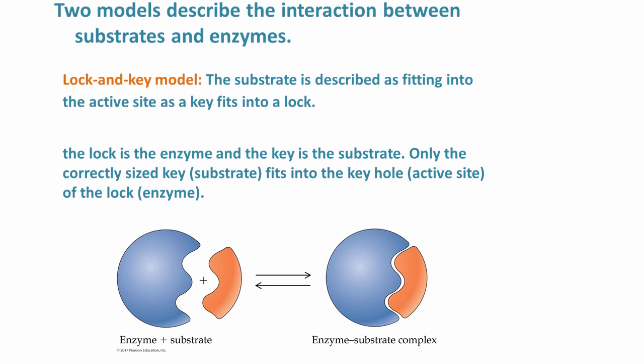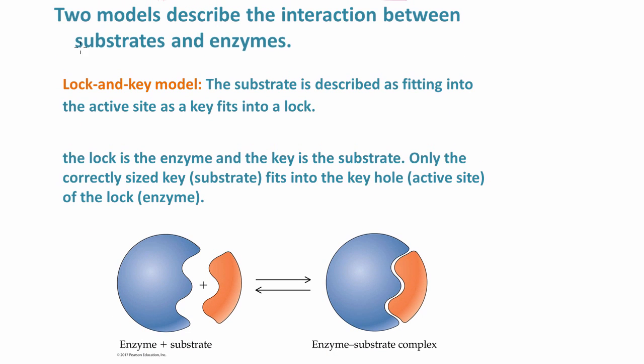So we have two models that describe the interaction between substrates and enzymes. The first one is the lock and key model. We can describe the substrate as being a key that fits into the active site, which is the lock. So the enzyme is the lock and the substrate is the key. And just like your front door, only the correct size key is going to fit into the lock.